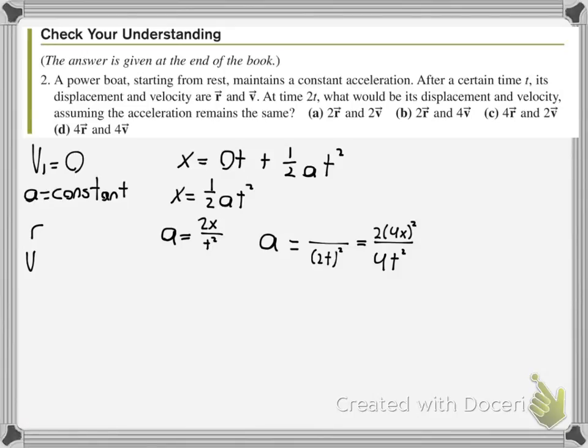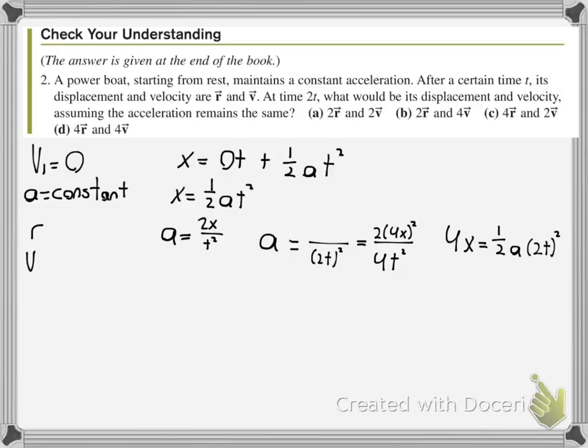So 2 times 4 times our displacement over 4 times t squared would equal the same acceleration. So it's basically 4 times our displacement is equal to 1/2 of our acceleration times 2 times our time squared.